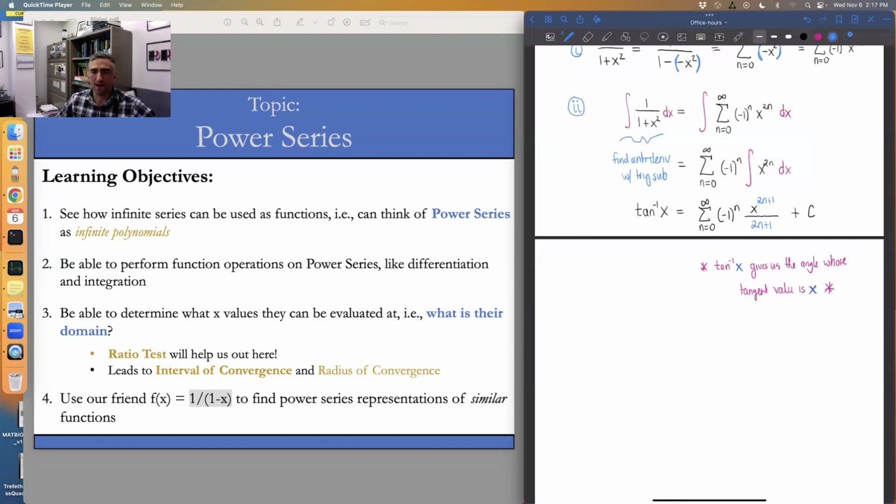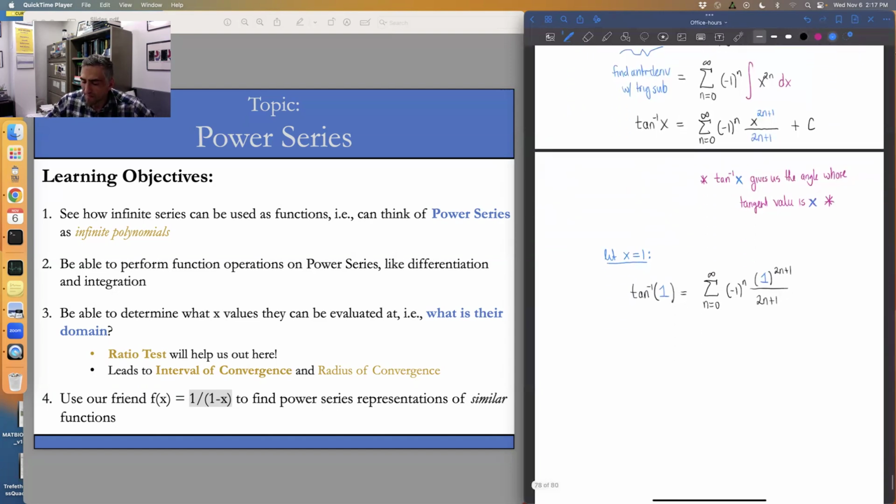So what we're about to do is we're going to let x equal 1 in this case. So I'm just going to plug in 1 into both sides of this arctangent equation. So everywhere there's an x, just plugging in a 1.